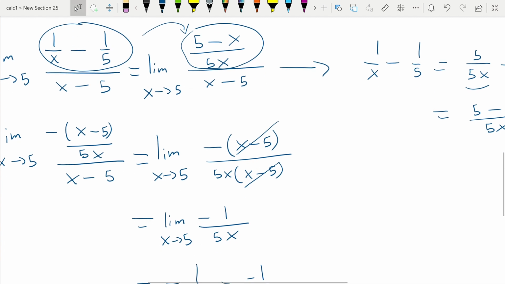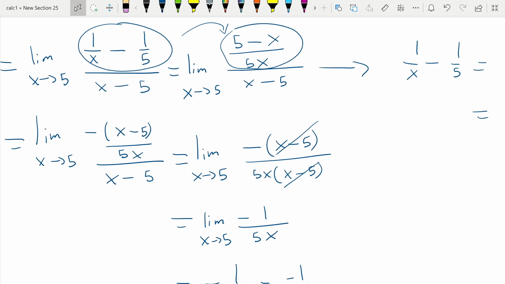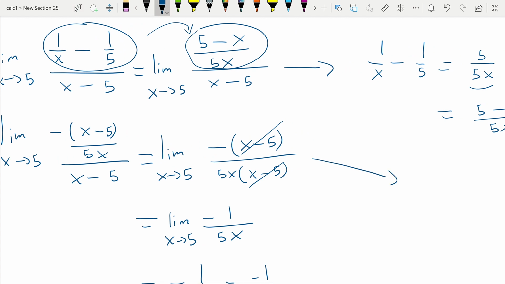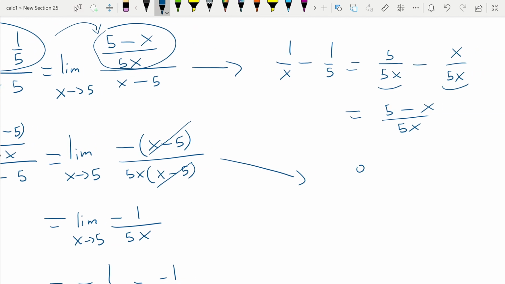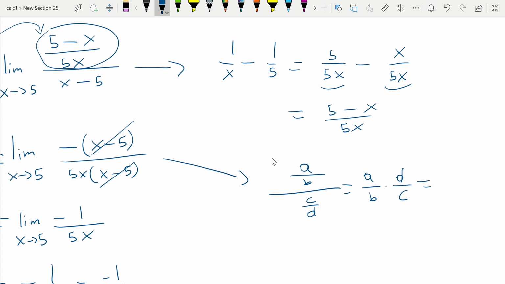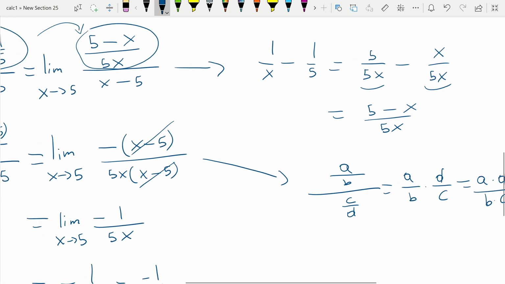Now for this other step here, whenever we have a fraction over a fraction, say a over b over c over d, this is the same as a over b times, and then we flip the fraction on the bottom, so we have d over c, which is then a times d over b times c.